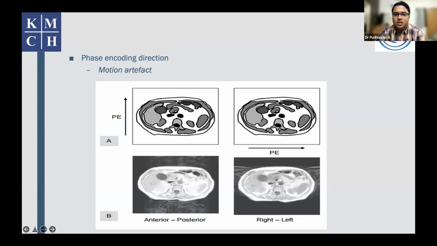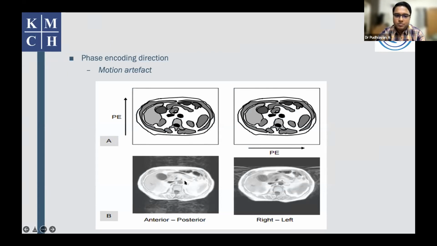Suppose there is a pulsation artifact from the aorta, and there is a pathology right in front of the aorta. What we can do is use a phase encoding direction of right to left, so that the pulsation artifact happens from right to left, and the pathology here doesn't fall on the area where the artifact is occurring.